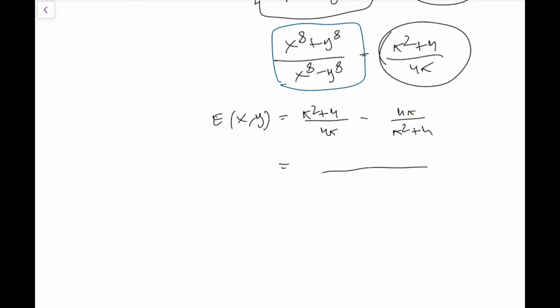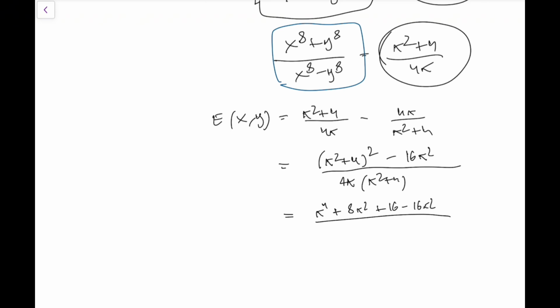So we're simply going to subtract that. So we get k squared squared minus 16k squared. And this is going to be k to the fourth power. It's 8 squared, 16 minus 16k squared, all divided by 4k.